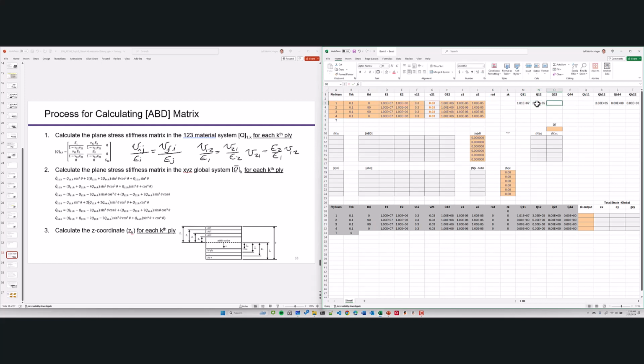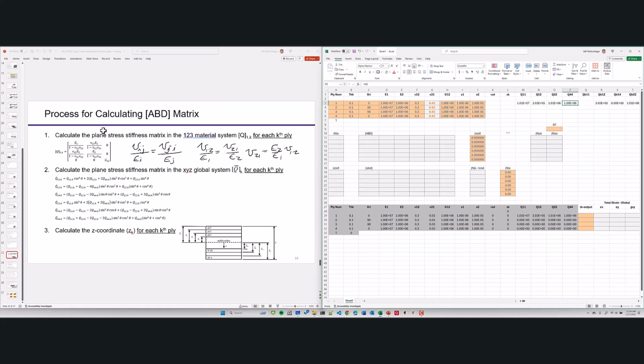I can calculate my Q22, which is here. So that's going to be just E2 divided by 1 minus V12 times V21. And I can calculate my Q44, which is right here, which is just G12. Okay, so that's all done.